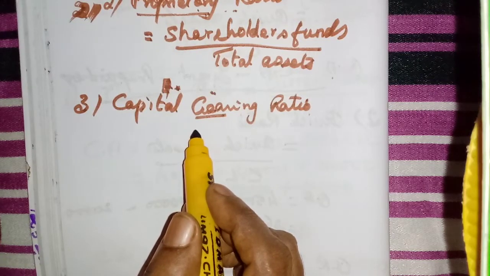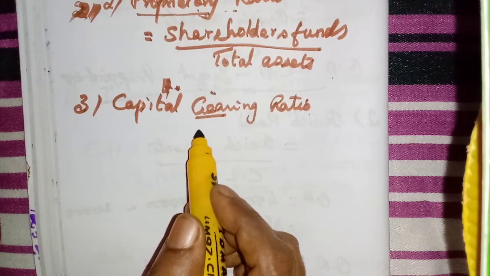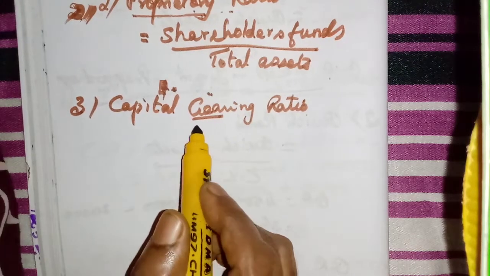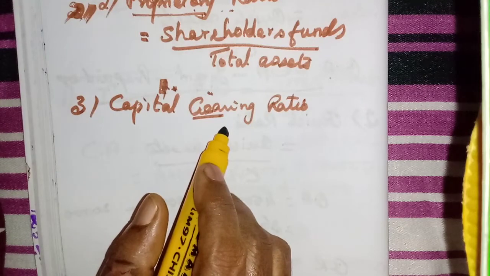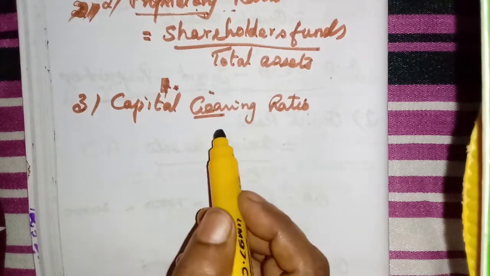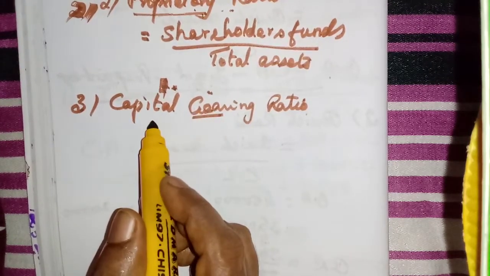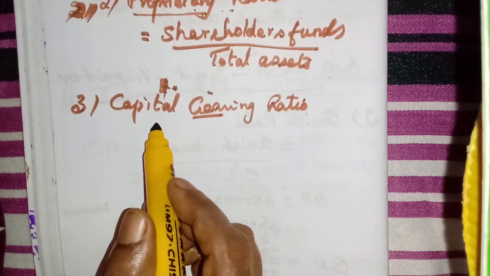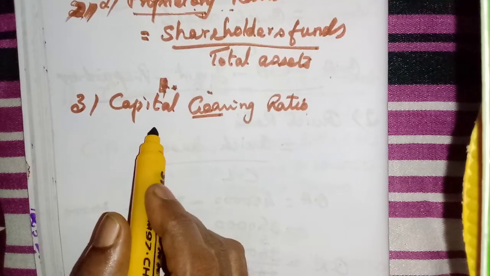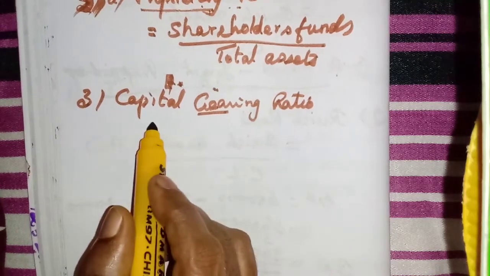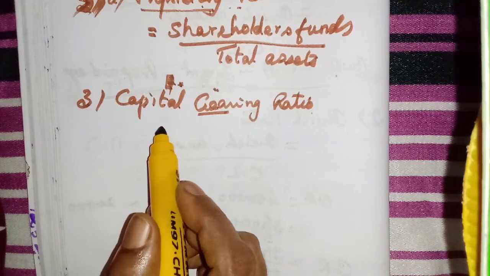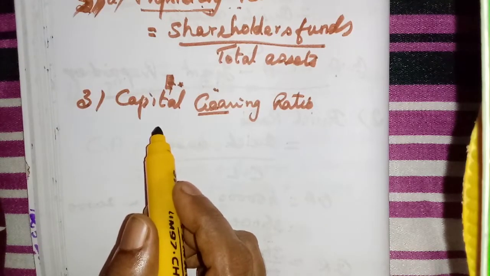The very first gear, second gear, they used to say. The last gear means it is very difficult to move. That way you have to remember the gear. Here, we are going to compare the funds bearing with the shareholders funds.